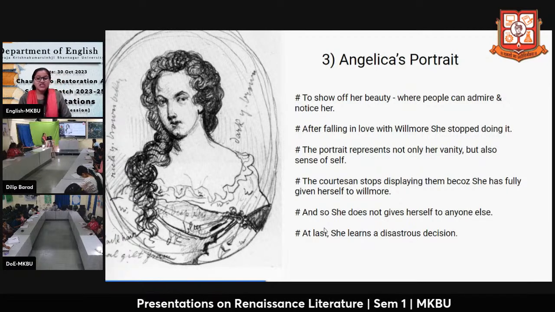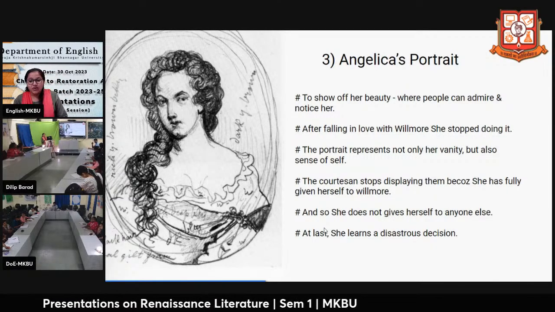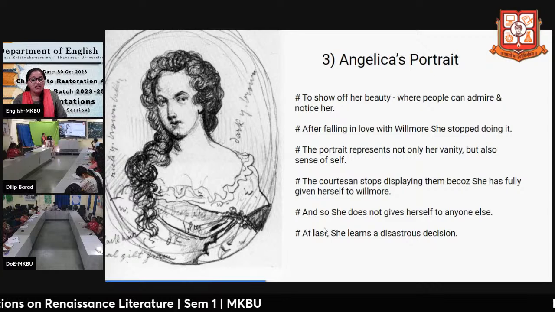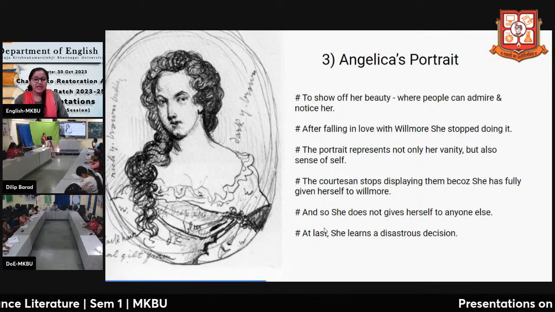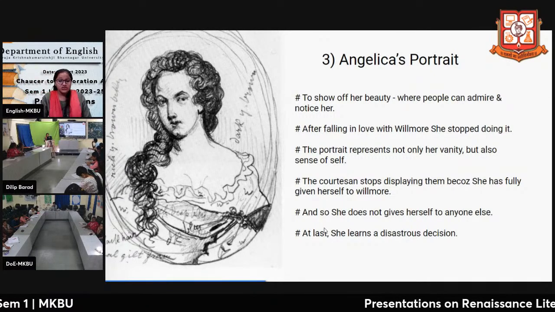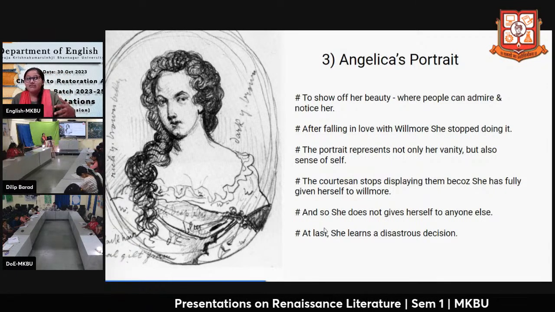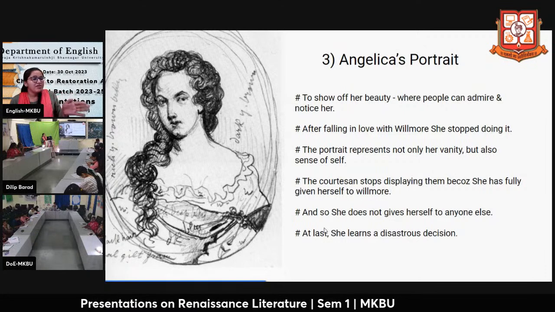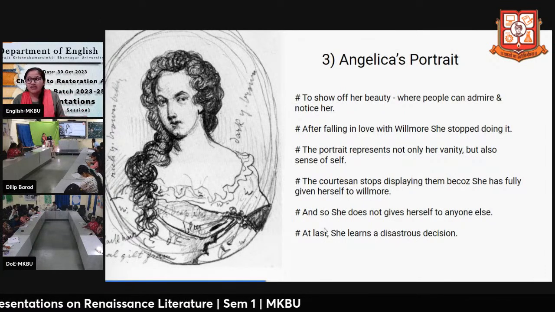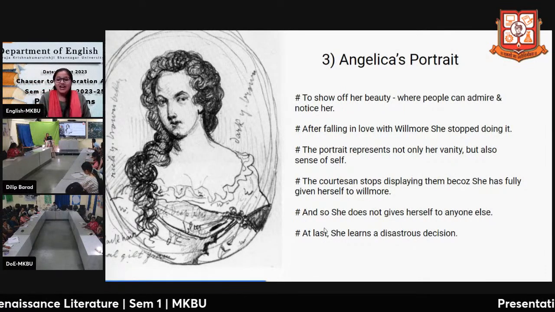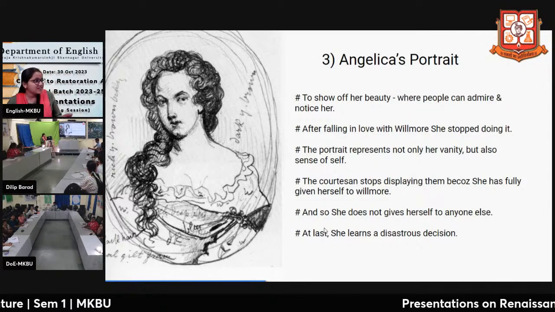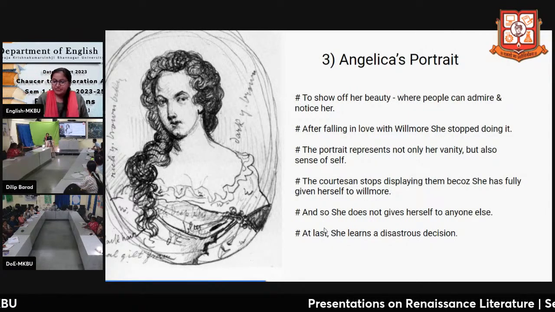The courtesan stops displaying it because she has fully given herself to Wilmore, and so she does not give herself to anyone else. At last, she makes a disastrous decision.